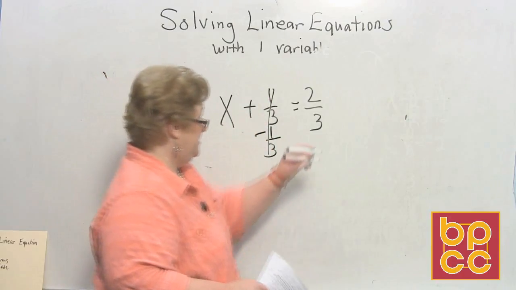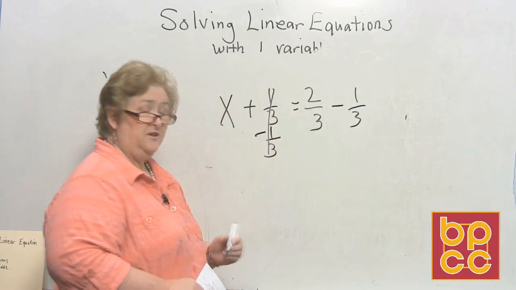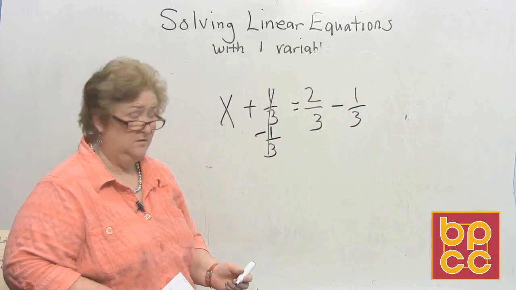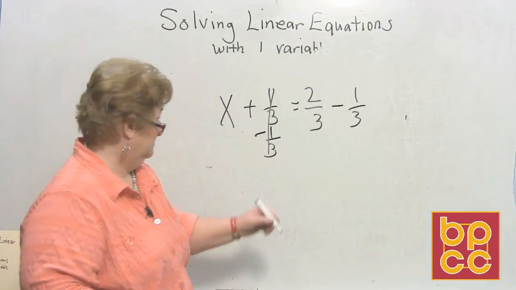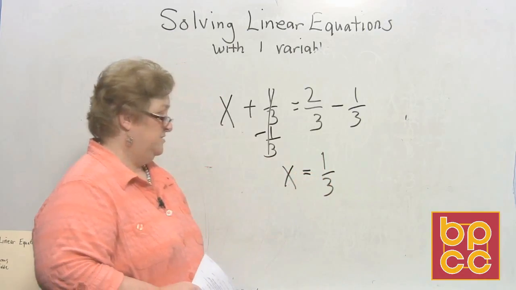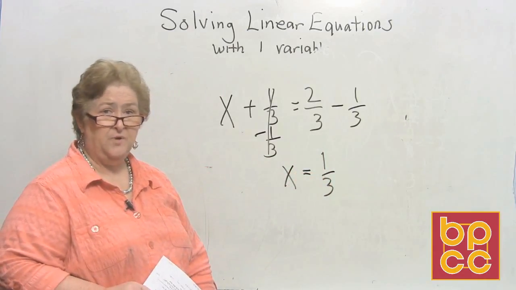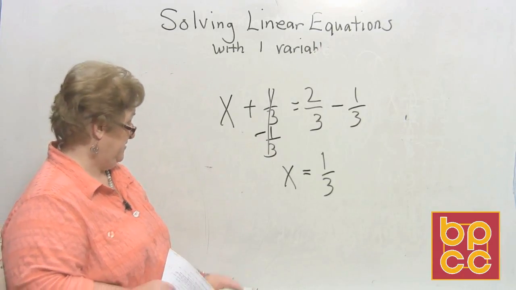And I'm going to come over here and go minus or take away 1/3. Well, the good news is that we have a common denominator. So 2/3 minus 1/3 is 1/3. So x is equal to 1/3. So we're still using that addition property for our equations. Just move the opposite to do it to both sides, and you've got your answer.